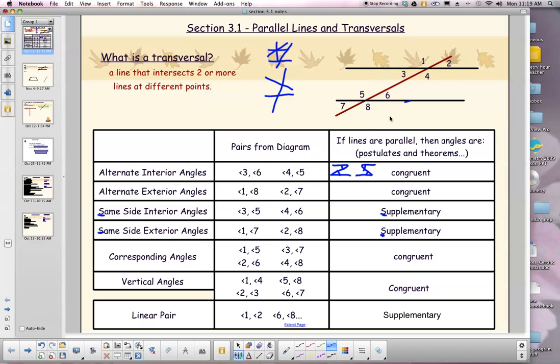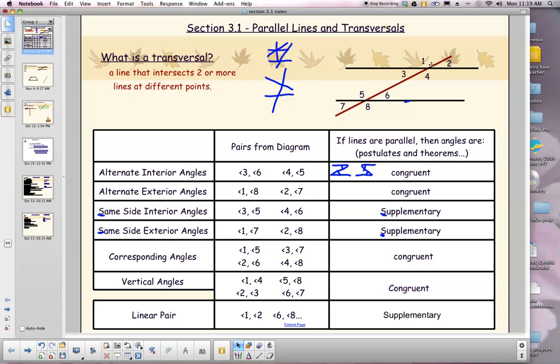Corresponding angles are the angles that, if I took this group of 4 angles here and dropped it down on top of this group of 4 angles, which ones would land on top of one another? Those are corresponding angles. They're in the same place in corresponding intersections.